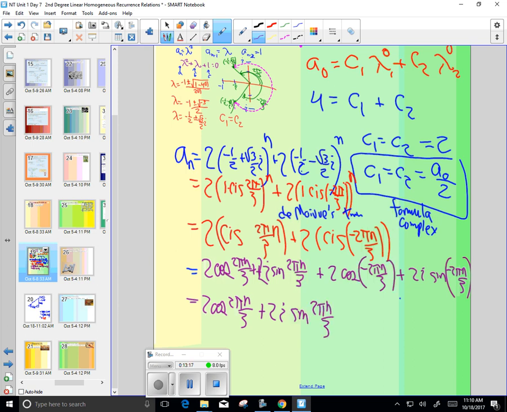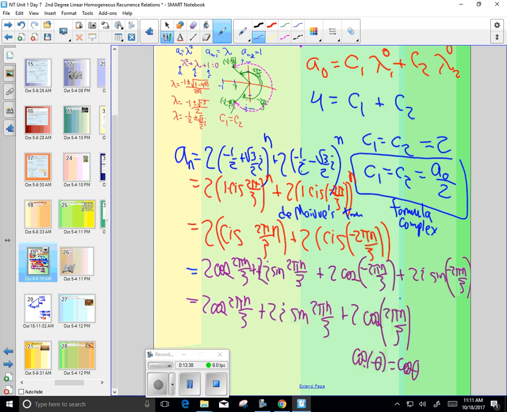Now I have to remember my properties. For cosine, what was the cosine of negative theta equal to? Cosine of theta. So this is 2 cosine 2 pi n over 3. Property, cosine negative theta equals cosine theta. We do it this way.